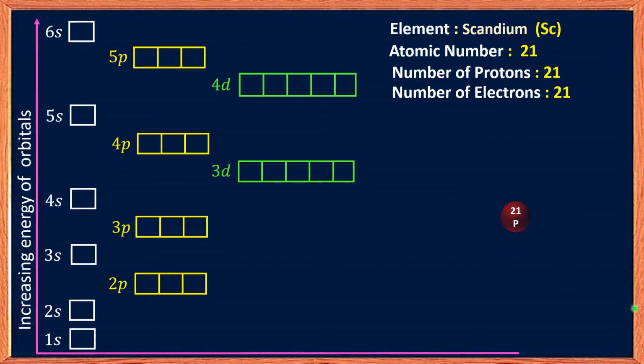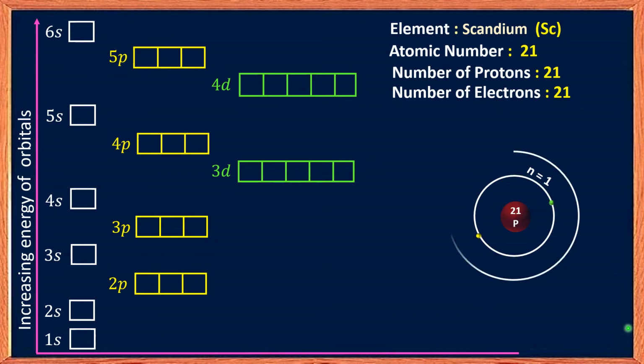See here, first orbit, it can accommodate a maximum of 2 electrons only. In the second orbit we have 8 electrons.